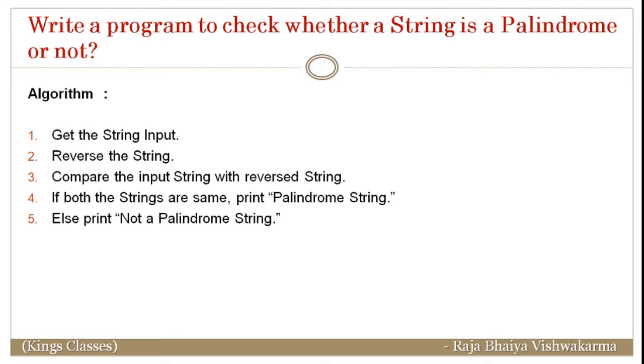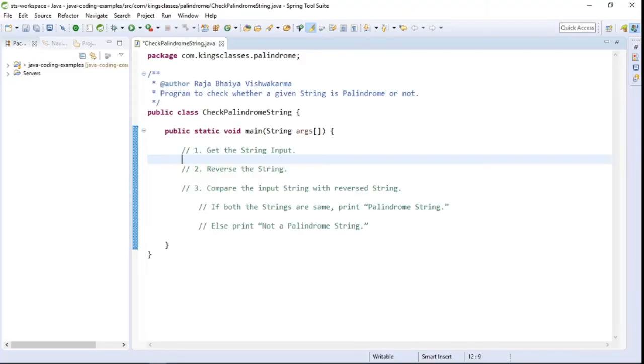So let's move ahead and write the Java program. Now we are going to write the Java program to check whether a given string is a palindrome or not. As we have discussed the steps earlier, first we will get the string input from the user. To get the input from the user, we are going to use the Scanner class.